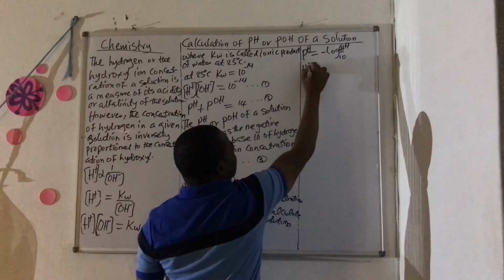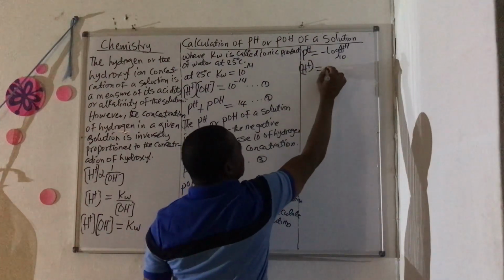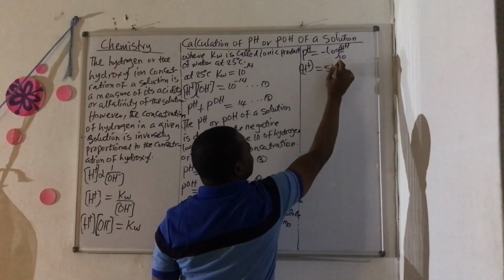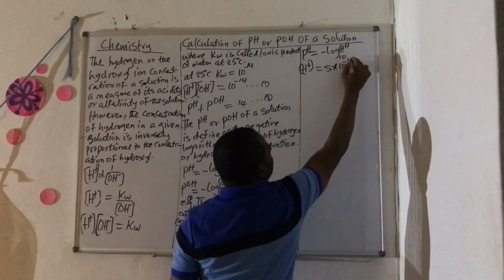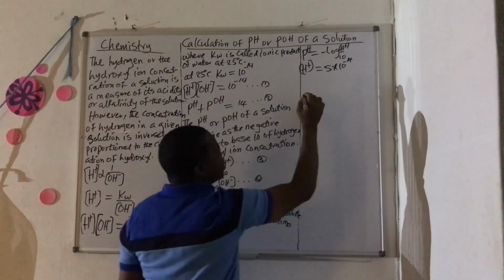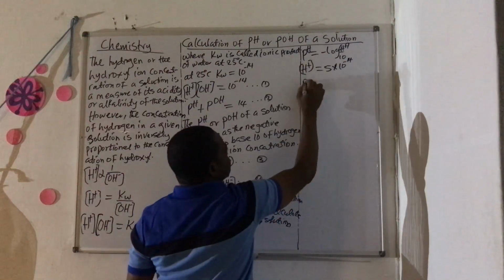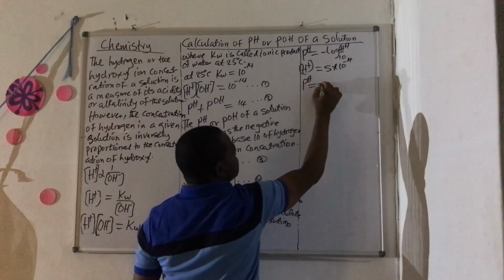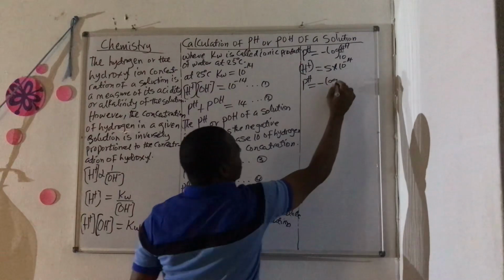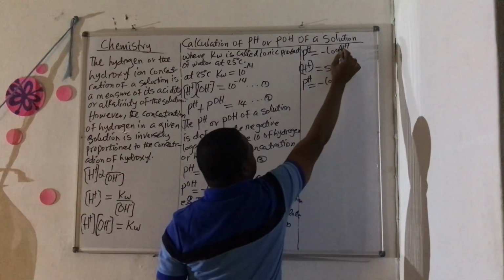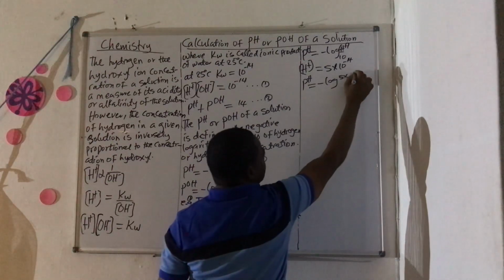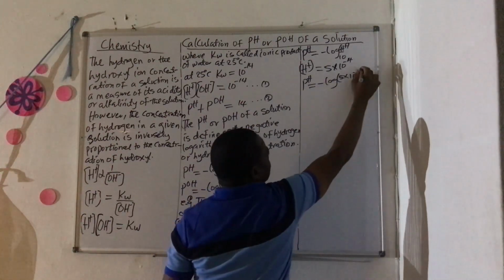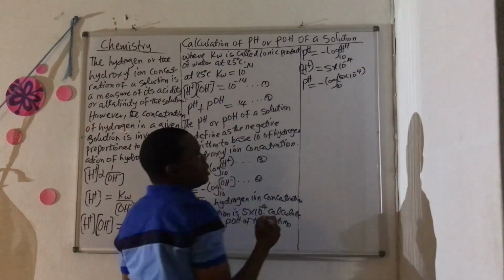So my H plus is equal to 5 times 10 raised to the power minus 4. So pH is minus log of 5 times 10 raised to the power minus 4, in brackets, all to base 10.